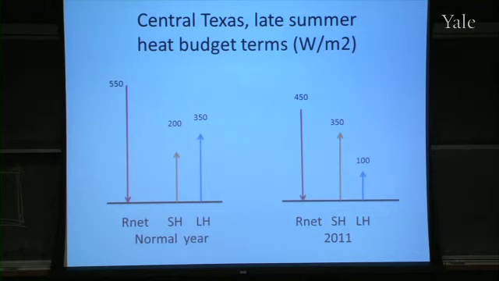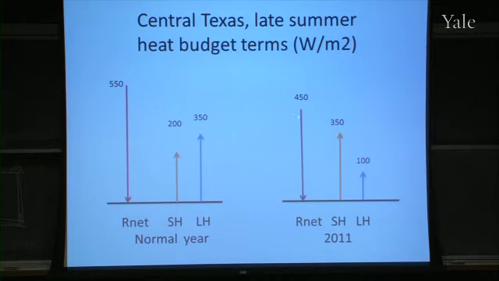Now, this energy gets partitioned. Notice the addition here, right? Those add to that. This adds to that. This energy has to be put back into the atmosphere. In a normal year, that's done mostly by latent heat, by evaporating moisture. And the sensible heat is somewhat smaller, important but smaller. In the drought year, however, that's primarily done by sensible heat.